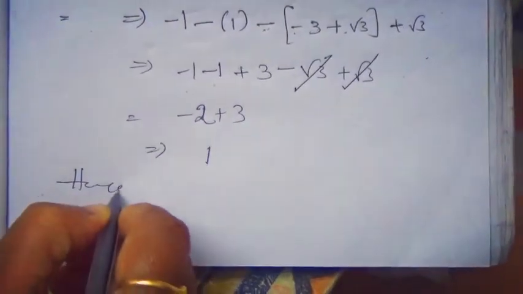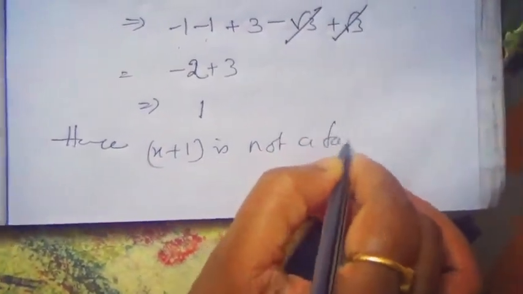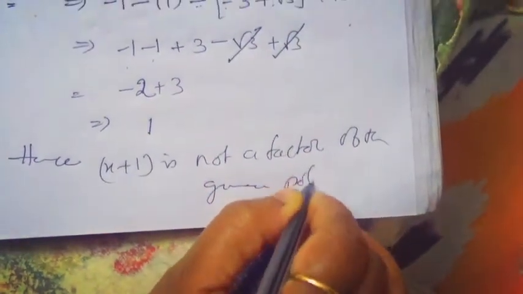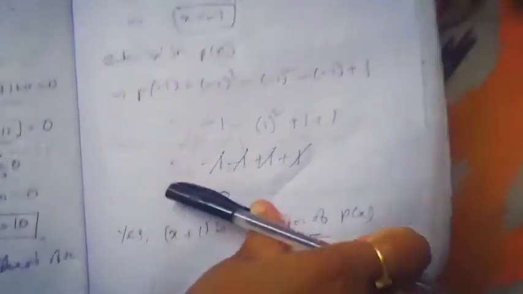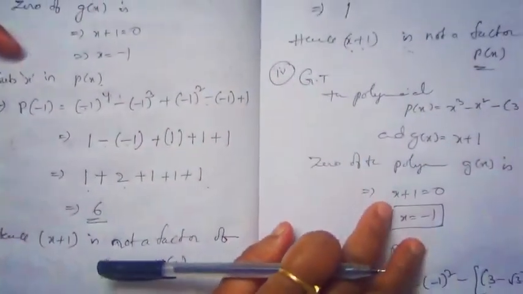Here hence x plus 1 is not a factor of the given polynomial p of x. Okay, only for the first sum it is the factor of this p of x. For the remaining 3, for the second sum you will get 6, the third sum you got 1, and the fourth sum you got 1. So here for all these remaining sums it's not a factor of the given polynomials.